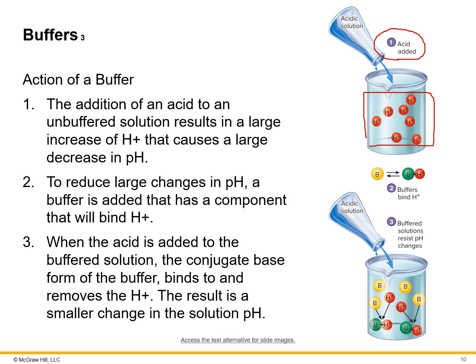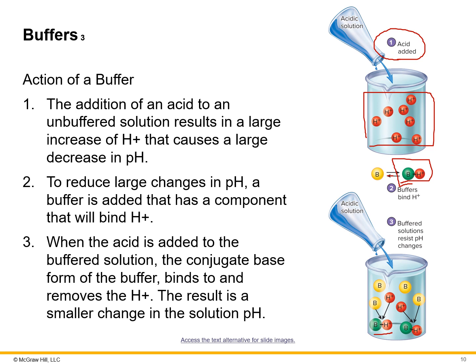So we need a buffer. Part of that buffer, the base, would bind to those extra hydrogens in order to balance them out. It's going to absorb or accept all of those extra hydrogen ions.